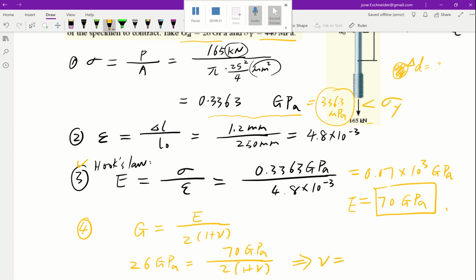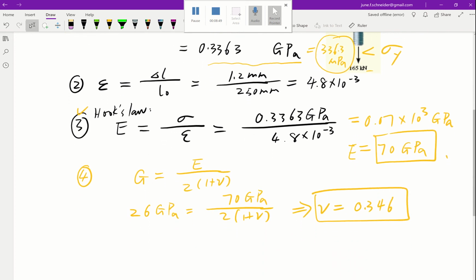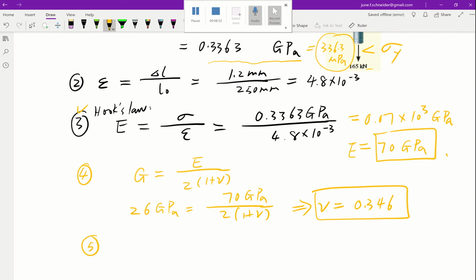Let's take a look. So I have 35 over 26, then minus 1, then we will get 0.346. And this has no unit, right? It's dimensionless. So knowing that, we can find how much contraction happened in that circular section, in the lateral direction.